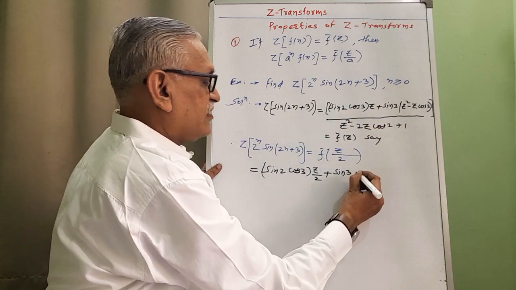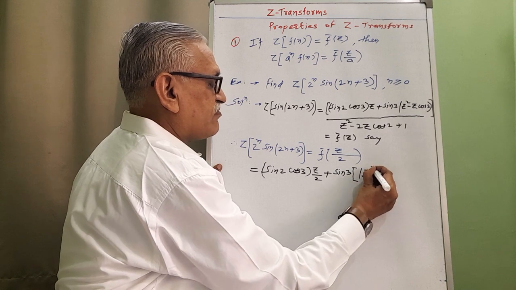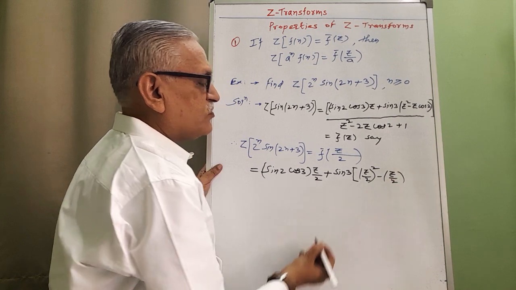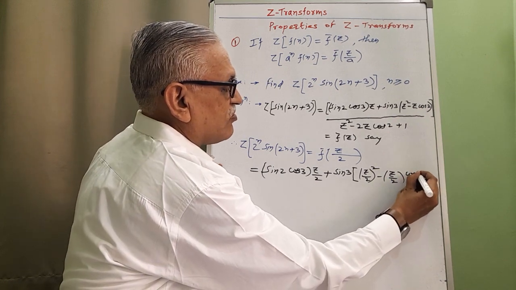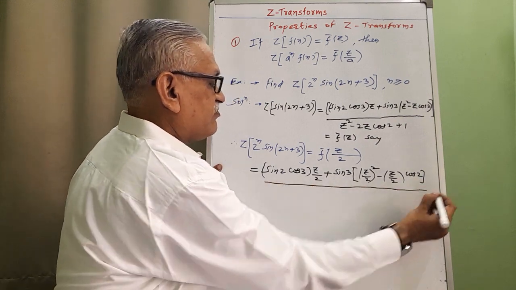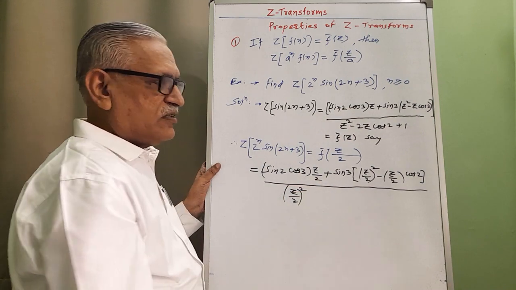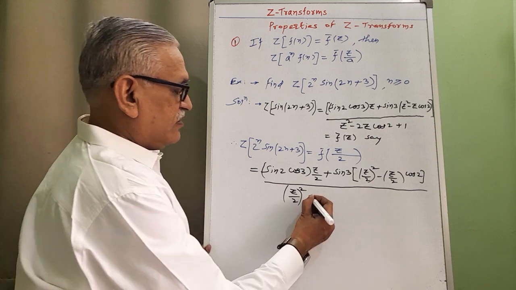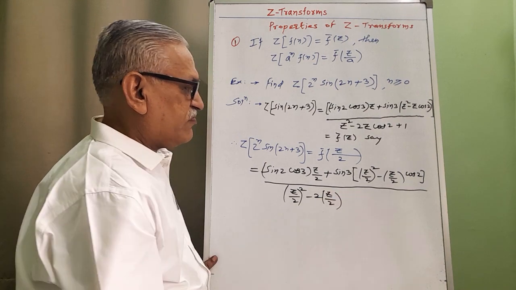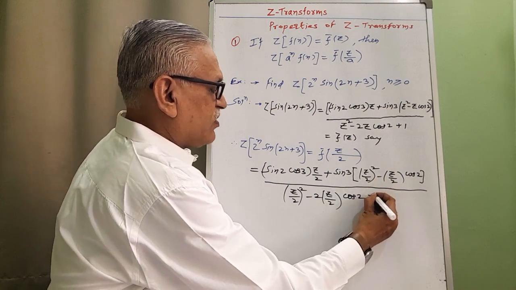into z square means z by 2 whole square minus z, again replaced by z by 2 cos 2, and whole divided by z square, replaced by z by 2 square, minus 2 times z by 2 cos 2 plus 1.